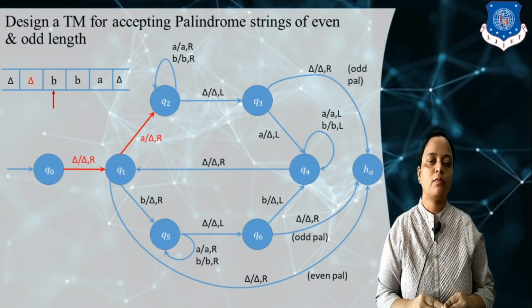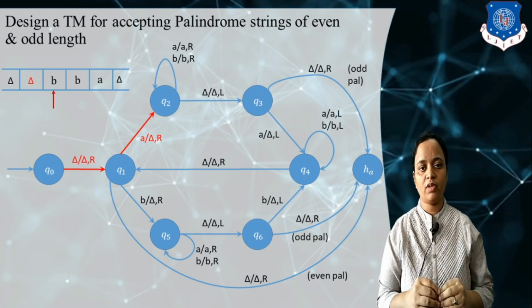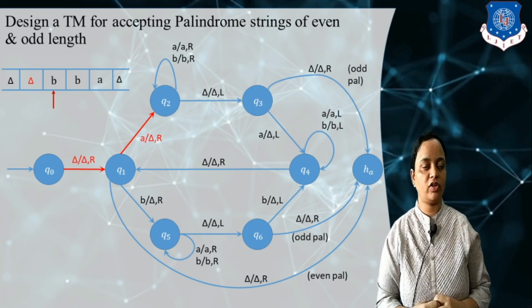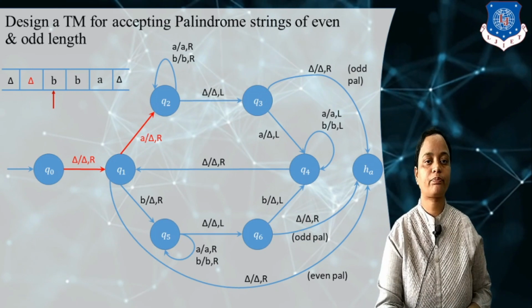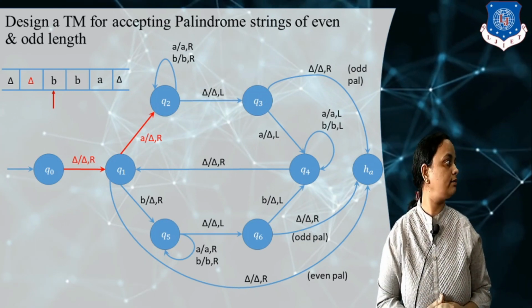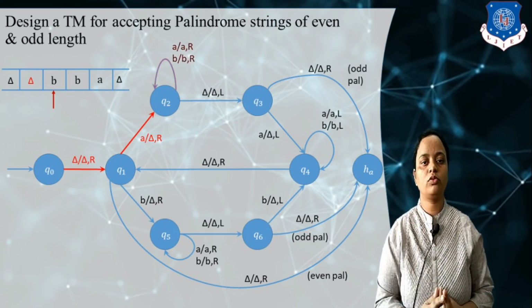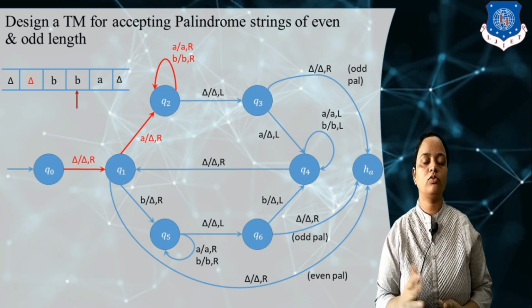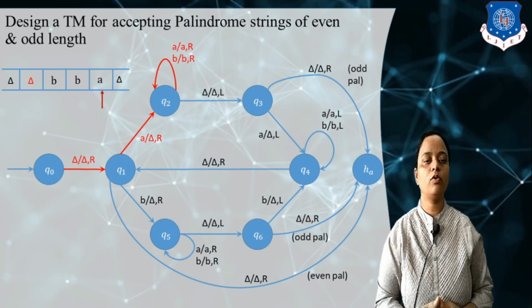Here small b is replaced by small b and we move the tape head to the right side. Same here, b is replaced by b, move to the right.